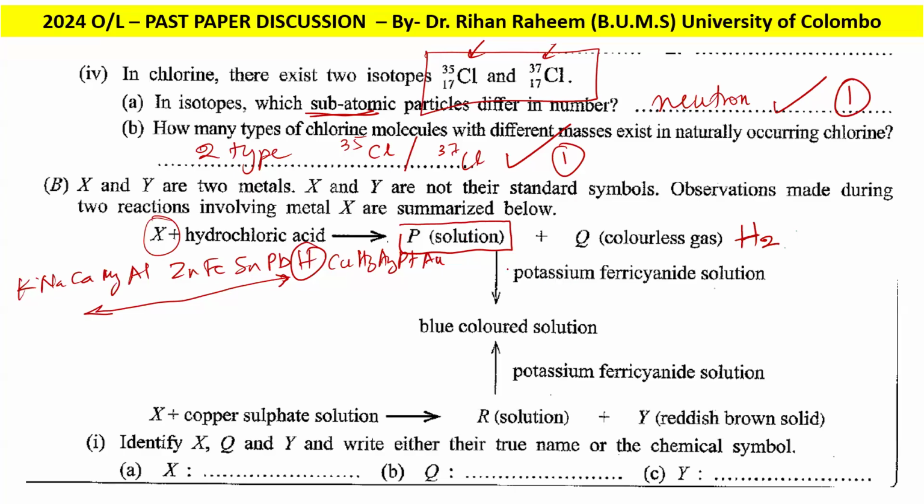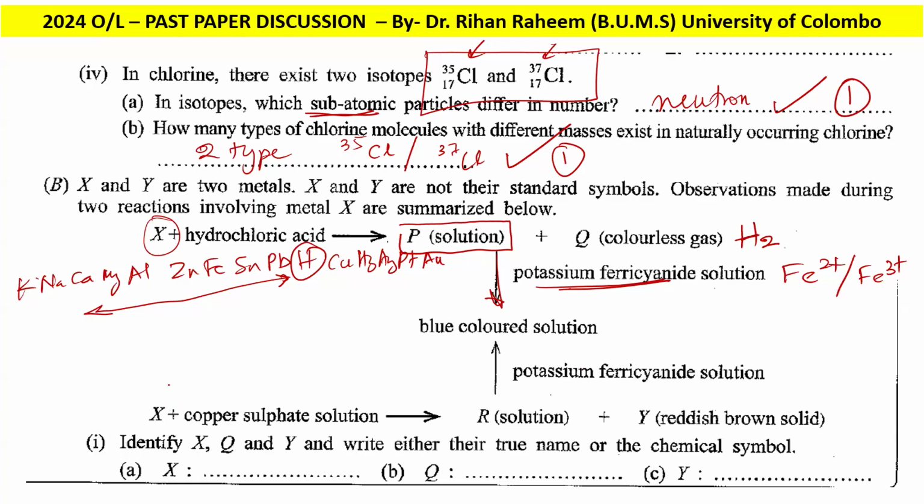When potassium ferricyanide is added to this solution, it turns blue. So obviously, if potassium ferricyanide is turning blue, there should be Fe2+ or Fe3+, because potassium ferricyanide is a special identification tool for Fe.